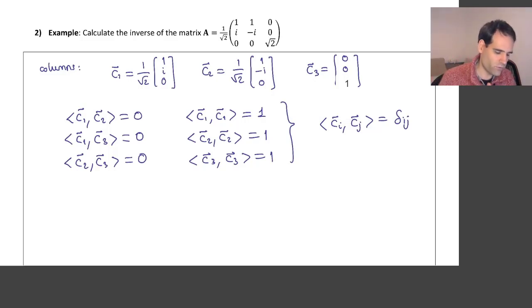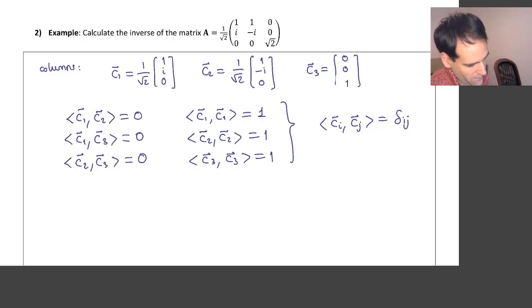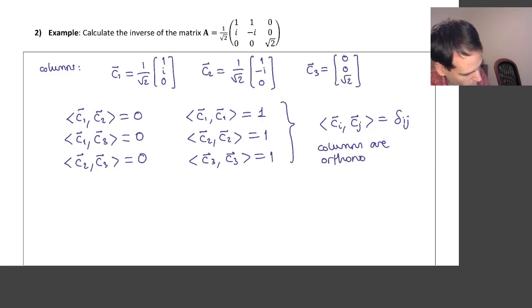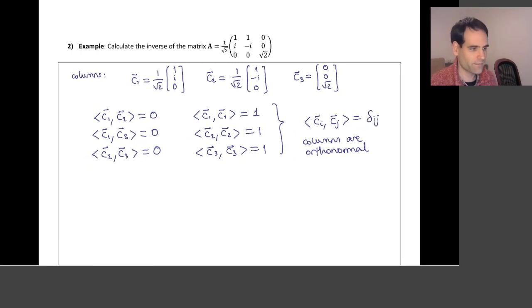So if i is equal to j, this is equal to 1, and if i is different to j, the Kronecker delta equals 0. So this is the definition of orthonormality. So the columns are orthonormal. And this means that this matrix is a unitary matrix.